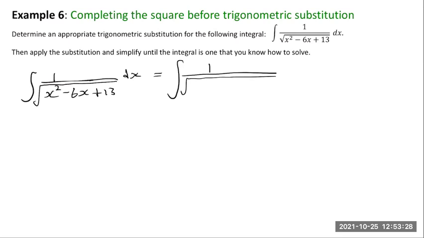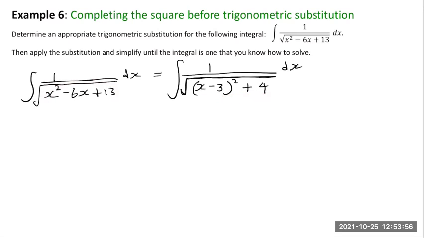Using the complete square that we discussed in previous sections, we can write this as x minus 3 whole thing squared plus 4. I'm not going to show the calculation. This is pretty much your pre-calculus concepts. So that's what I have. I just wrote my quadratic expression as a complete square.